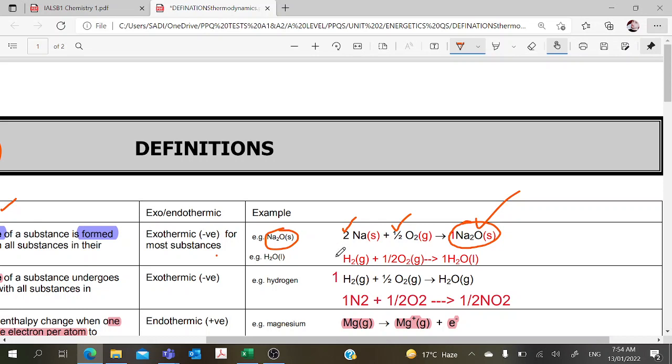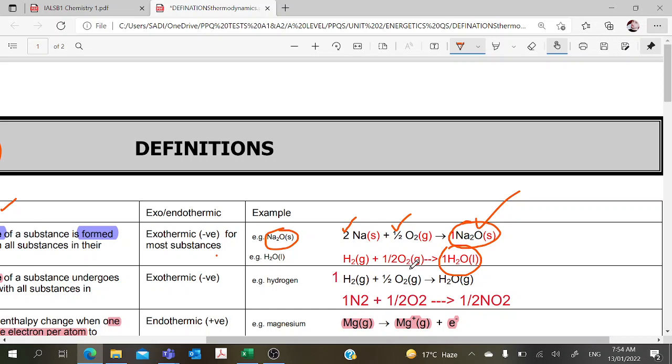Yes. Okay. Now if we are working on the formation of H2O, 1 mole of H2O is being formed here. Everything should be 1 mole. The definitions are based on 1 mole. If I am writing for the formation, formation of 1 mole of water needs how many moles of oxygen and how many moles of hydrogen?